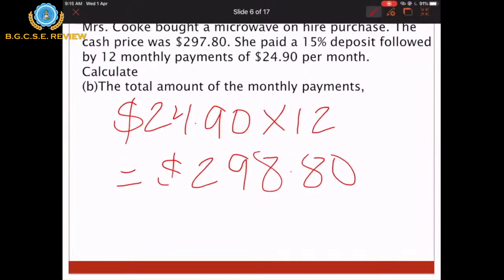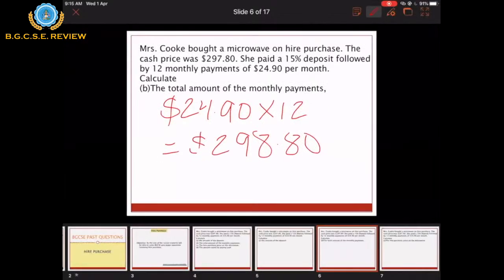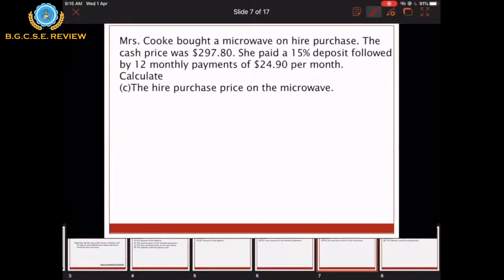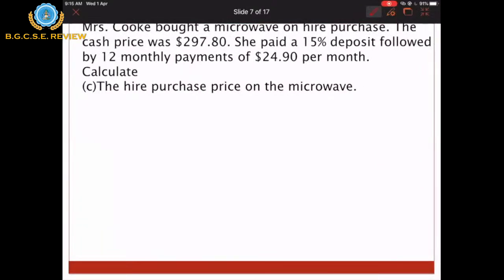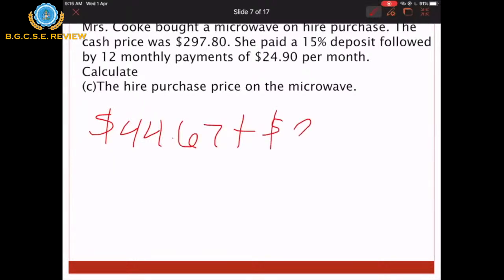All right, so let's look at what we know so far. We know that her deposit was $44.67 and her total monthly payments were $298.80. So to find her hire purchase price, part C, I add them both together. So I'm going to add $44.67 plus $298.80.